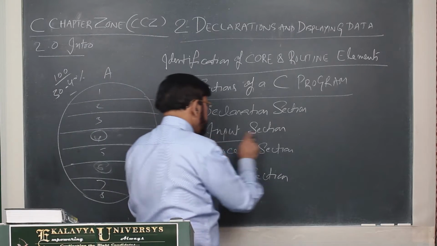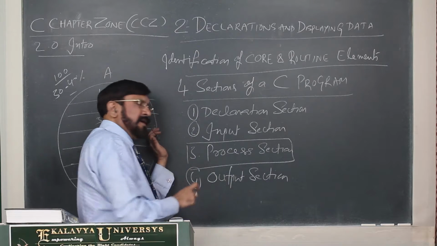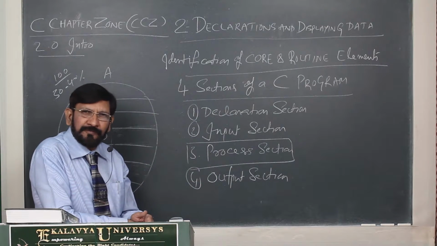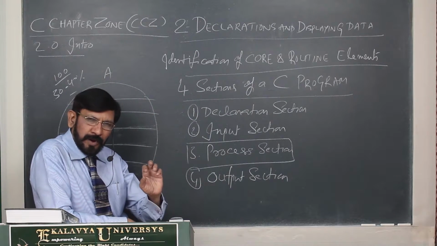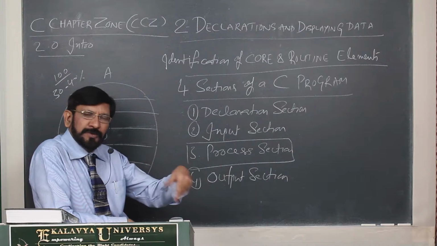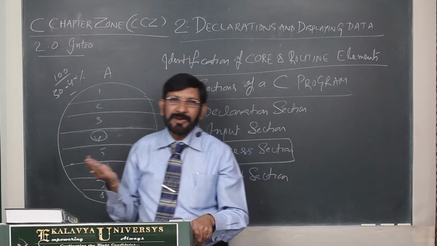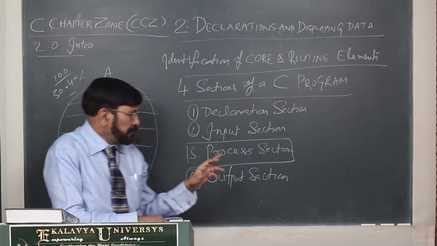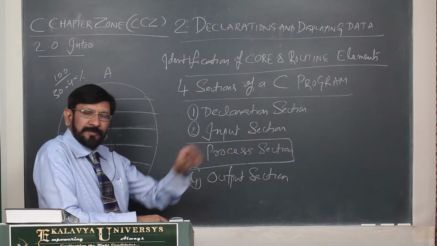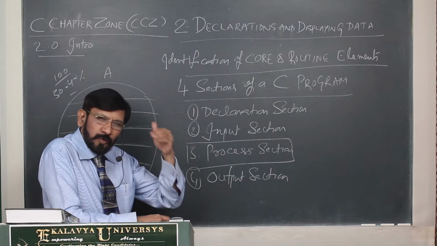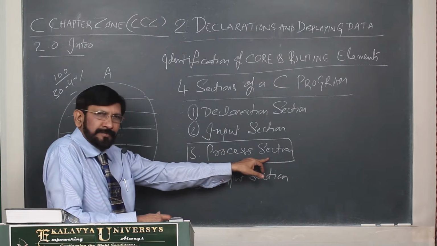As far as the third section, the processing section, is concerned, this is different. Every problem should be solved using different logic, different techniques. That's why it is different from program to program. Every time you have to pay special attention on that.